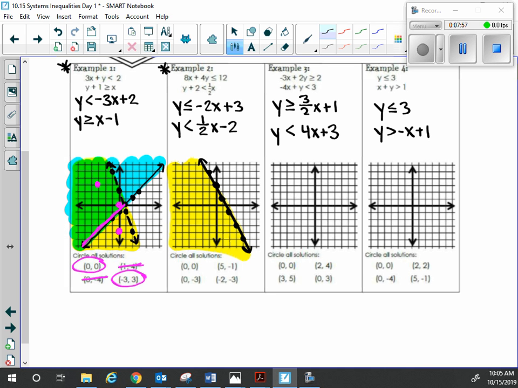Take a second, get your line graphed on there. My second line solid or dashed? Dashed. Above or below? Below.